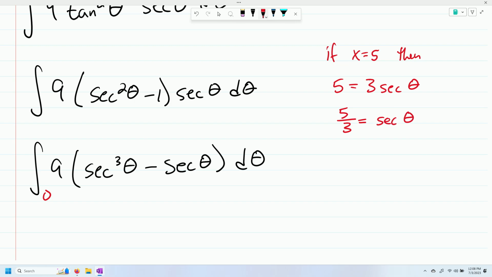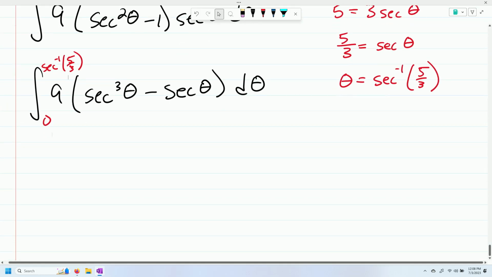Solving for theta, we use the inverse trigonometric function. Theta equals secant inverse of 5 over 3. So our other limit of integration is secant inverse of 5 over 3. Now we can finally integrate.